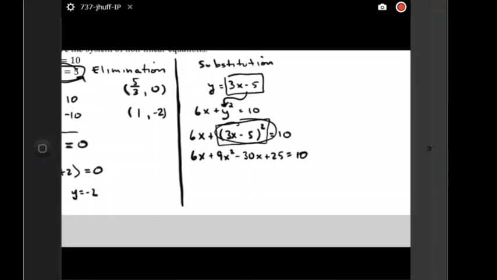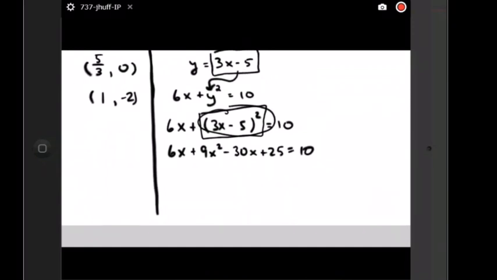All right, once we get to this step, we'd combine any like terms we have. The 3 does go into all of them, so we could factor out a 3, which should give us smaller coefficients.